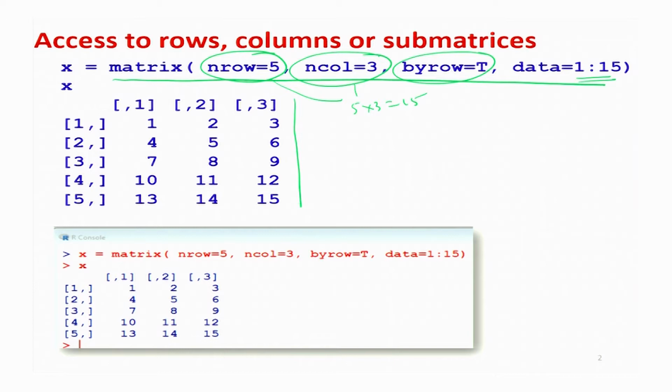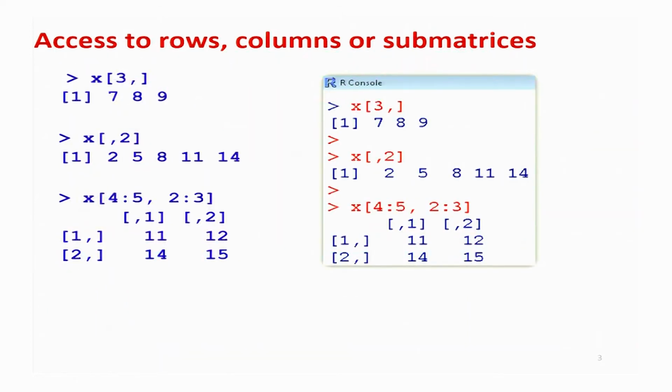Now we are interested in knowing how I can access a particular row, a particular column or a submatrix. You can see here these are our rows and these are our first, second and third columns. Suppose I want to access the third row.